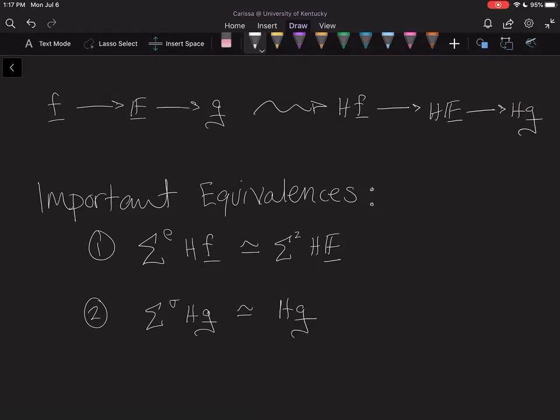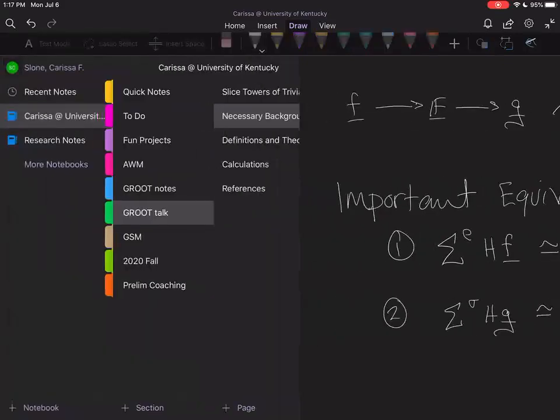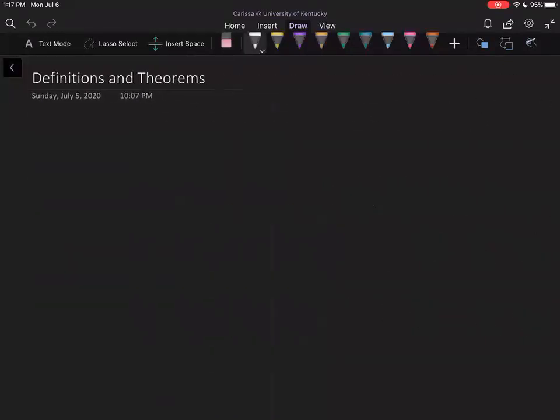So Hg is invariant under suspension by sigma. All right, and these are all of the tools besides the slice filtration definitions. That's all of the background we need for today.